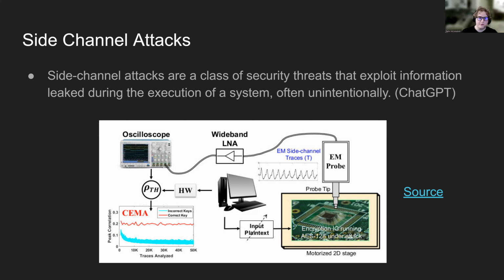So you want to know something specific about the server farm, but you end up just taking advantage of information that's leaked unintentionally, which is the power draw of certain floors. And then you can actually discover that information. So that's an example of a side channel attack. And the reason that it's a hardware attack is because you actually have to physically hook up to something to be able to analyze that information that's leaked during the execution of a system.